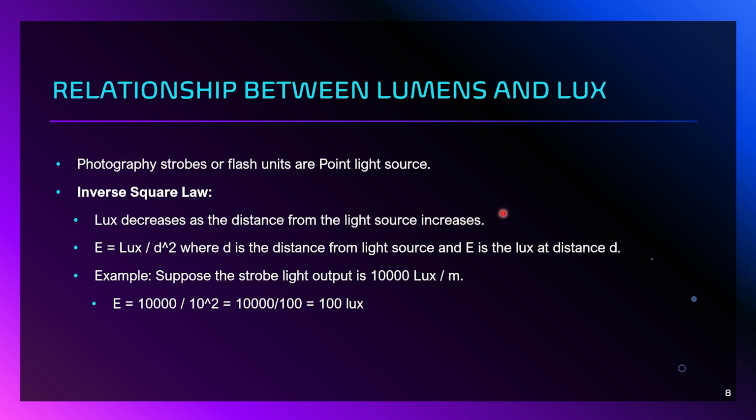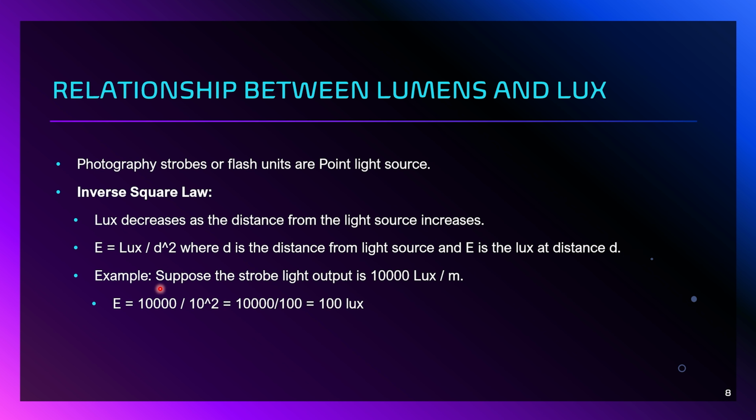It means if your subject is moving away from the light source, the light will decrease. We know that. So for this, we have the equation E equals lux divided by d squared, where d is the distance from the light source and E is the lux at distance d.